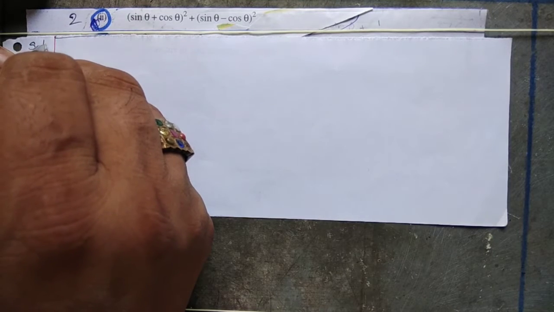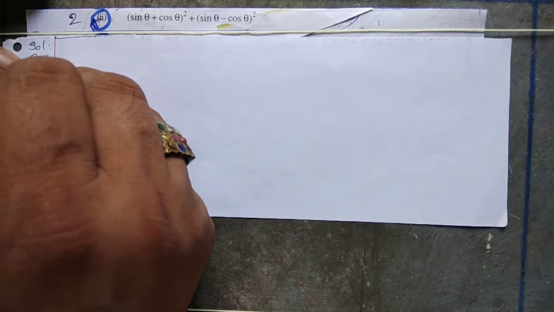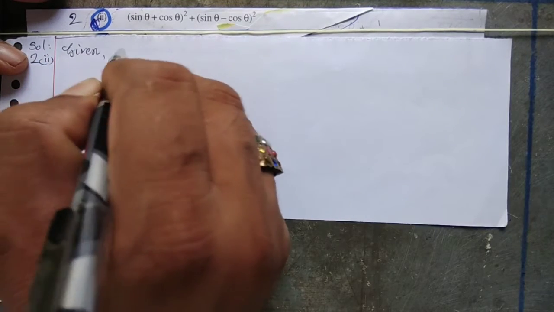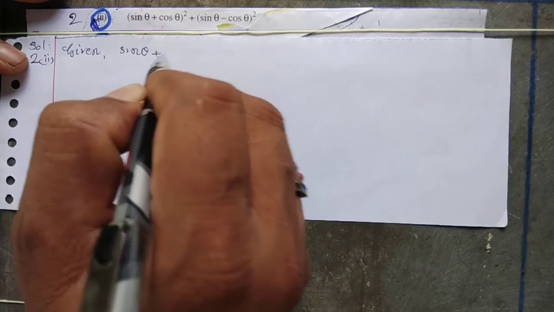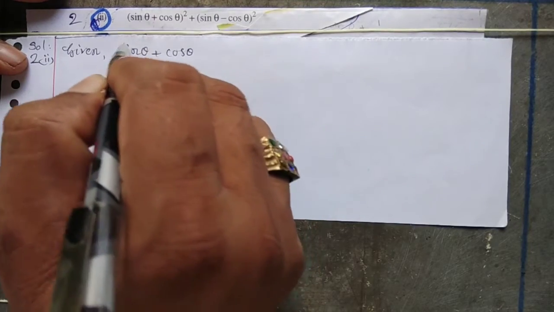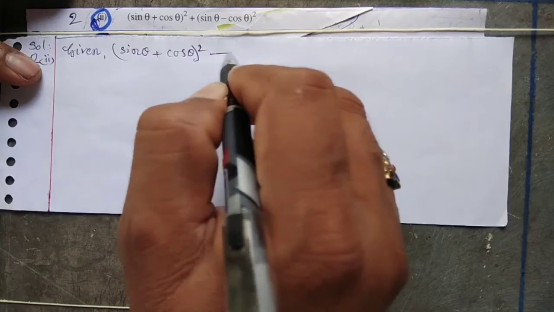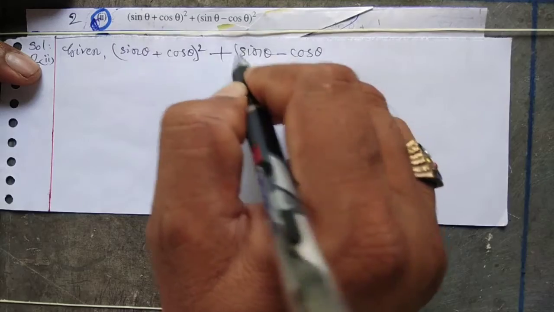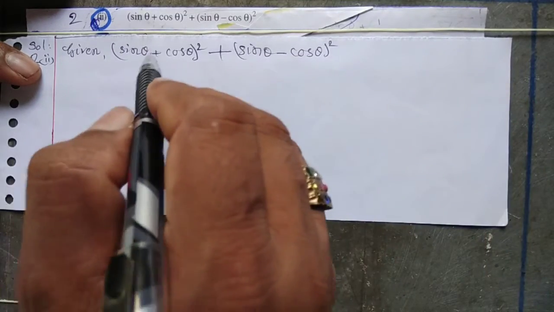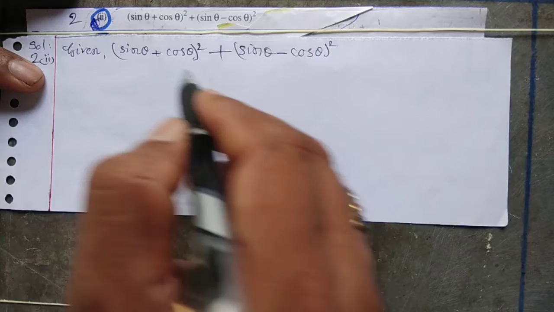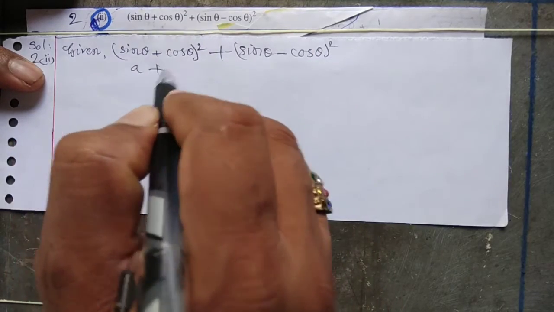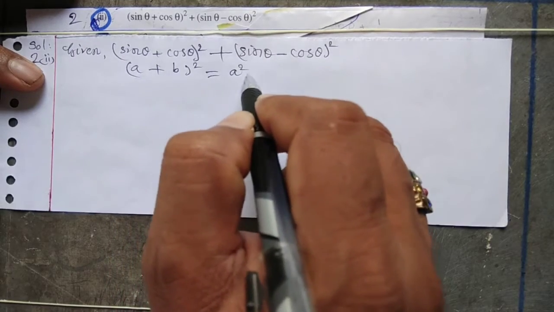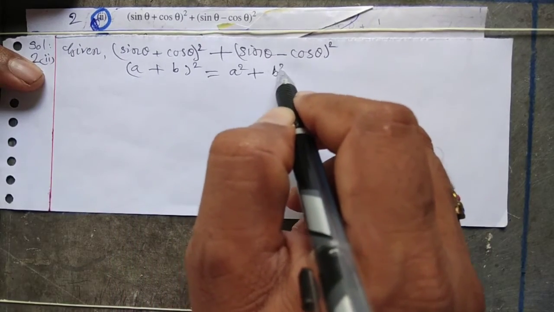Solution for second problem, given (sin theta plus cos theta) whole square plus (sin theta minus cos theta) whole square, we can expand this using the formula a plus b whole square. Then we can write a square plus b square plus 2ab.